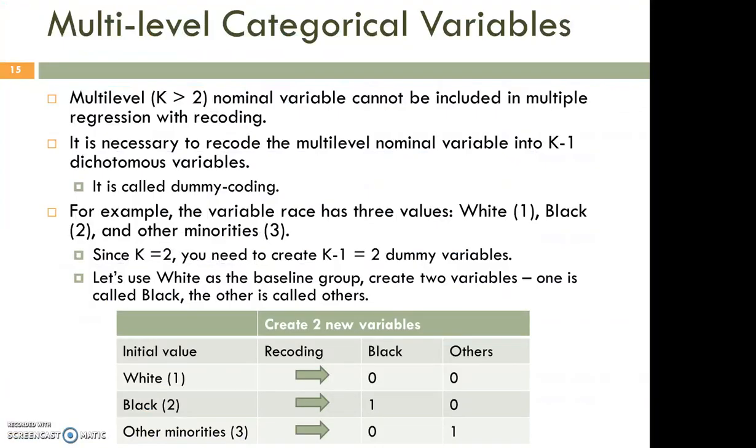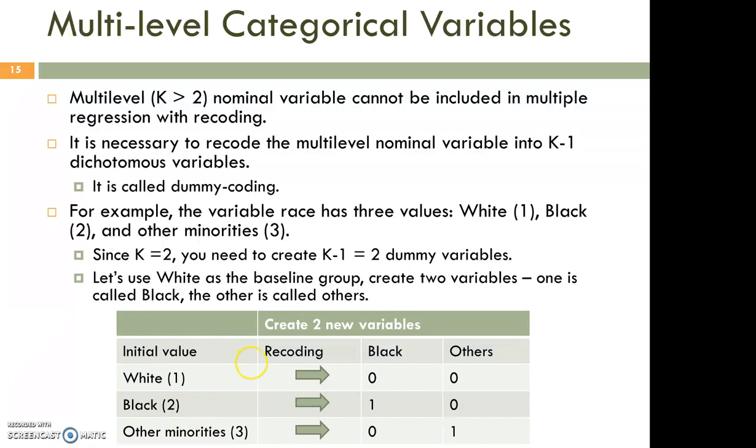Let's use the race variable as the example here. Okay, this is my plan. I have the 1 for white, 2 for black, and 3 for other minorities in my original race variable. So when I do my dummy coding, I'm going to use white as the baseline group.